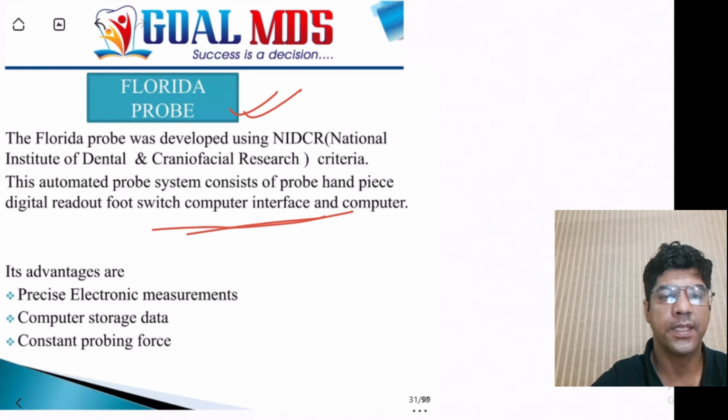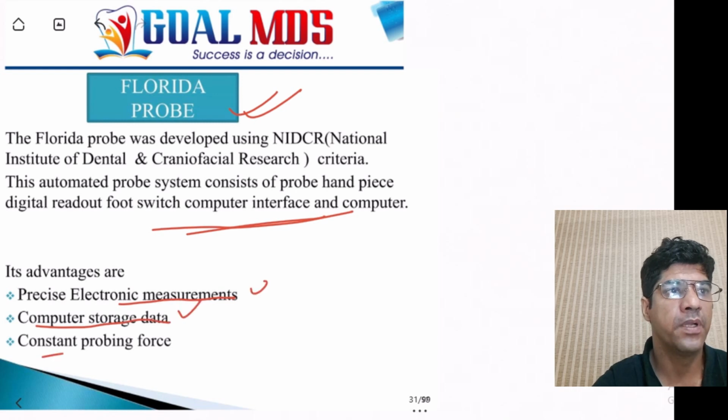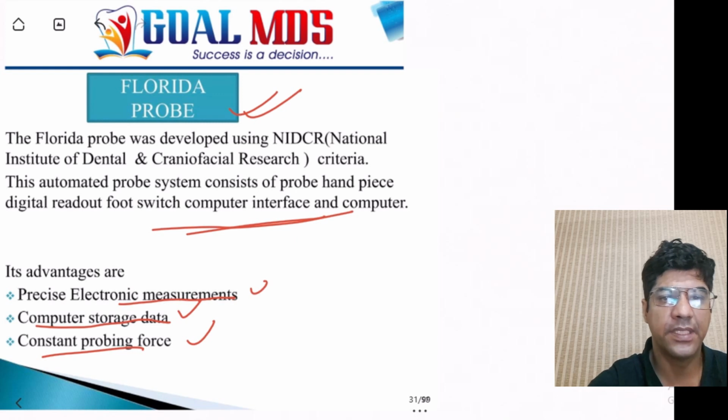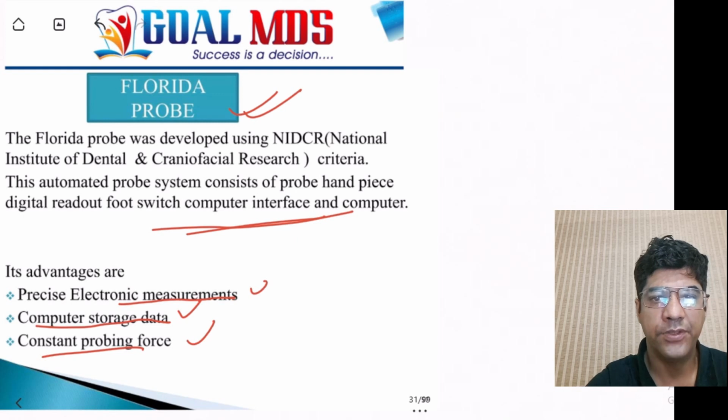So what are the advantages? It gives a precise electronic measurement, and the data is stored in the computer with constant probing force. It is basically used for measuring the pocket depth. It has the ability to create digital periodontal charts. It is accurate, and also it maintains a constant probing force.